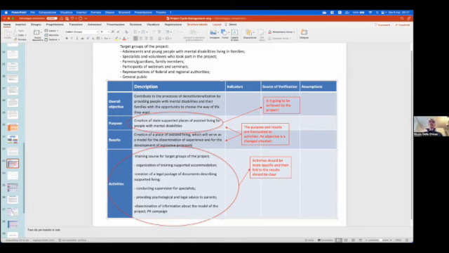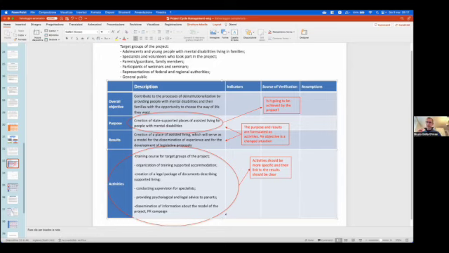For instance, training course for target groups of the project. Okay, I understand that there will be a training course, but I don't understand for which target groups and for which purpose this is done. So is it done to train, for instance, specialists and volunteers or parents, or who is it for?